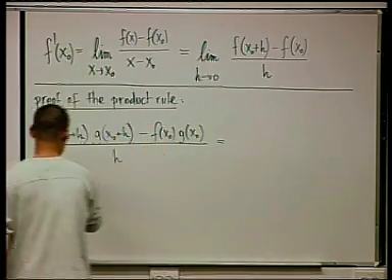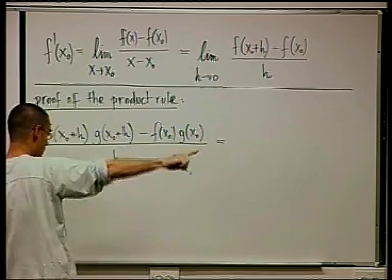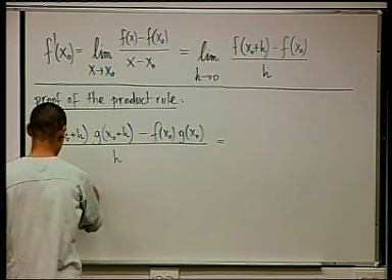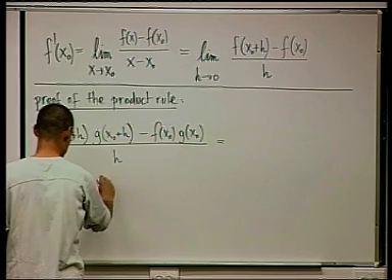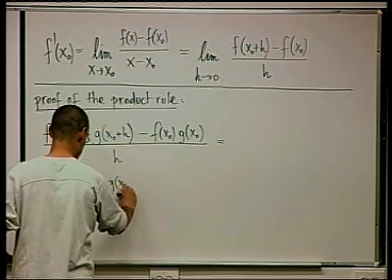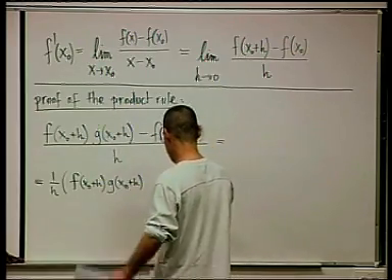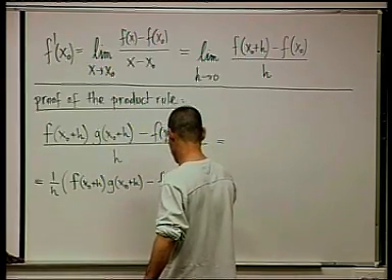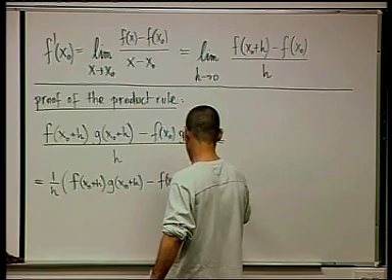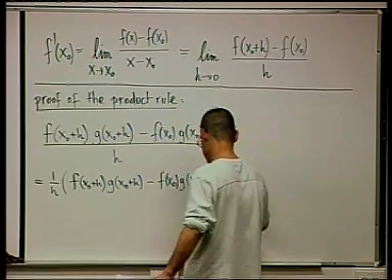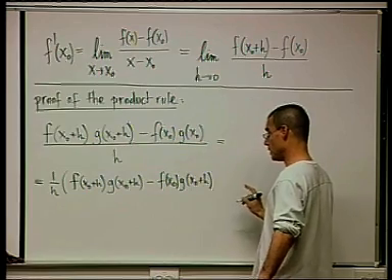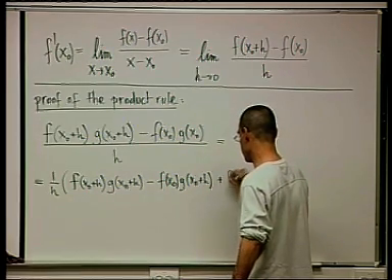So I'm going to get f, it's going to be a long line, f at x0 plus h times g at x0 plus h. That's this thing. I just copied it. Then I'm going to subtract f at x0 times g at x0 plus h. This is a new term. I subtracted it. I'm right away going to add it back.